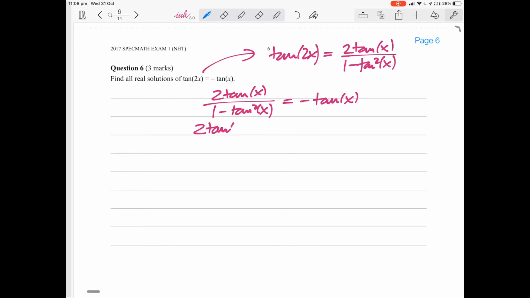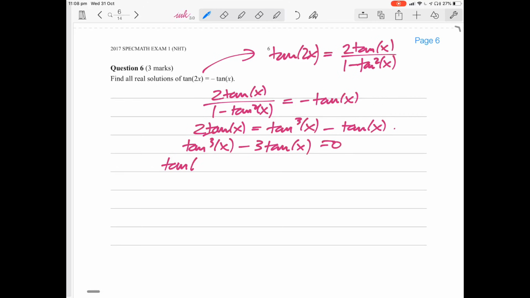So 2 tan x is equal to tan cubed x minus tan x. Tan cubed x minus 3 tan x, because if I bring that to the other side, that equals 0. We can take out a tan x as a common factor.